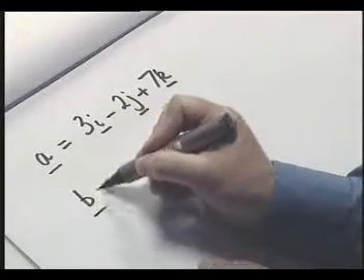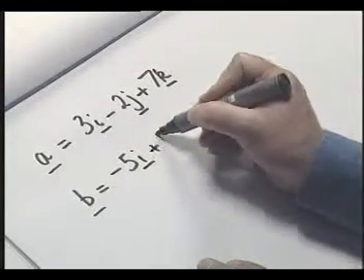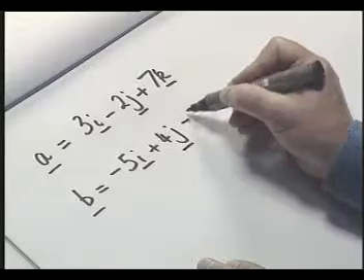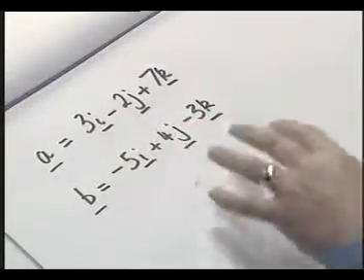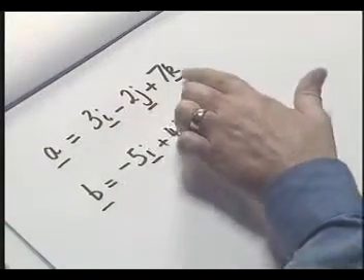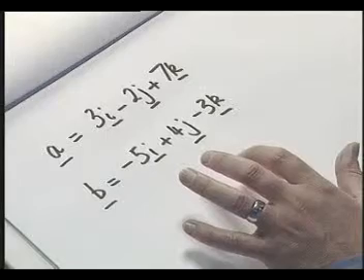Vector b might be something like minus 5i plus 4j minus 3k. So when we see the vectors written down like this, with i's and j's and k's in, these vectors are now given in Cartesian form. And what we're going to learn how to do now is figure out how to calculate the dot product, the scalar product of vectors like these.